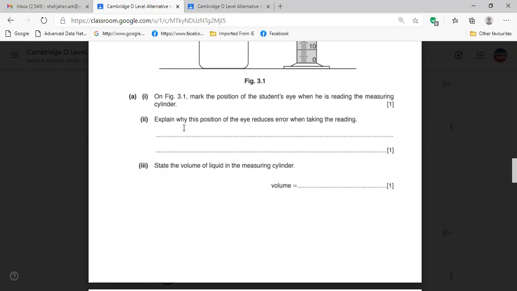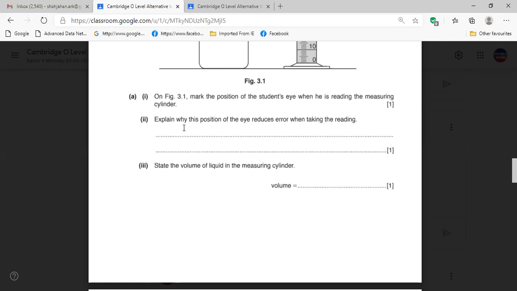Then A2. Explain why this position of the eye reduces error when taking the reading. So what can we write for this? No parallax error. Very good. Any idea from others? You have the same idea?